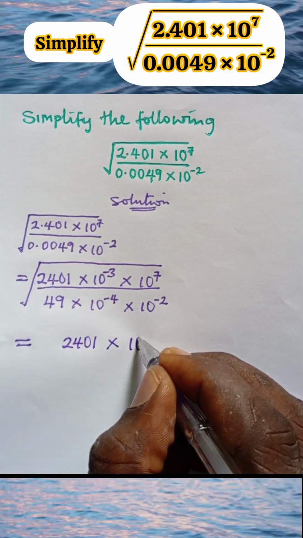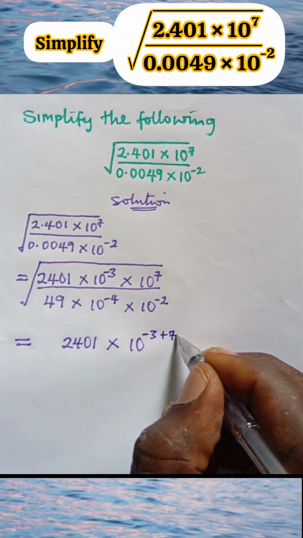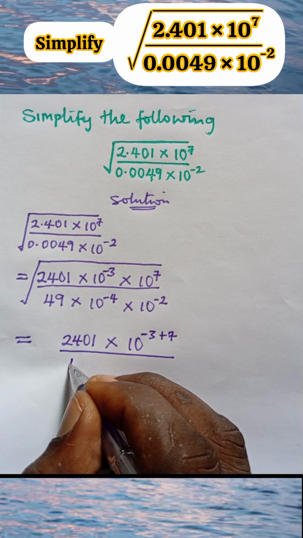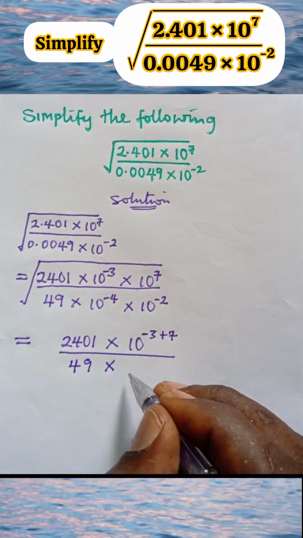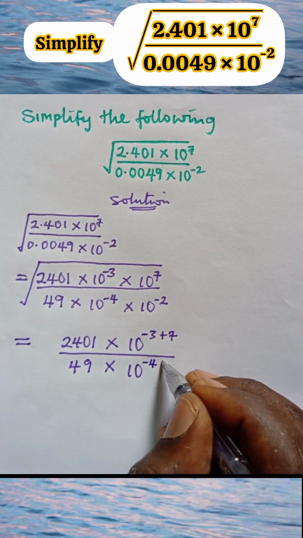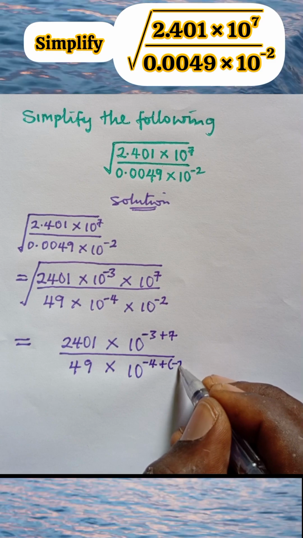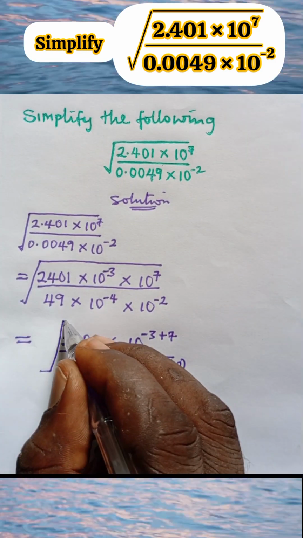We use this one to represent the bases. Then we add their exponent, which is negative 3 plus what? 7, all over. The same thing we are going to do here. The bases are the same, so we are going to use one to represent them, which is 10, and then we add their exponent, negative 4 plus in bracket negative what? 2.